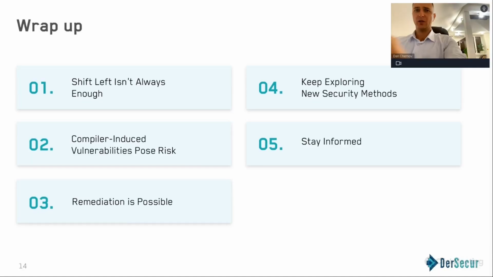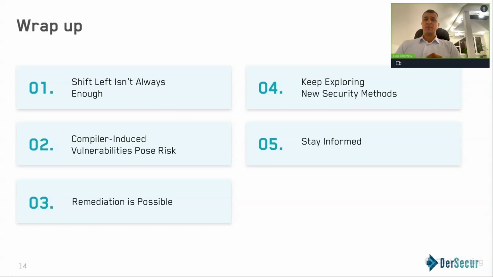Thank you so much. And as we're near the end of our webinar, let's reflect on some key takeaways. Number one, while the shift left approach is crucial in early vulnerability detection, it works just for source code detection and it may not uncover all potential threats.